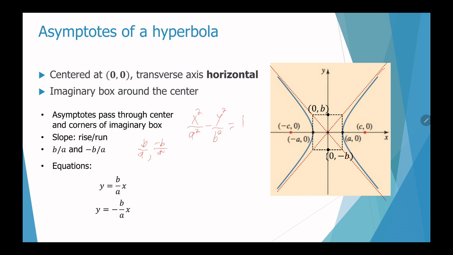Those are your two slopes. And when we talk about an equation of these lines, it's basically y equals this one in here, and then this one in there. So that is how we draw them. We need those asymptotes to know where we have to cut off.